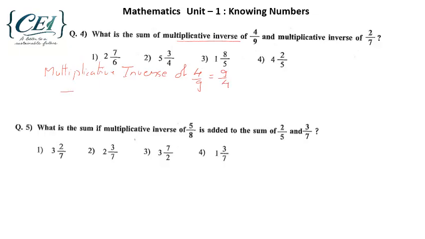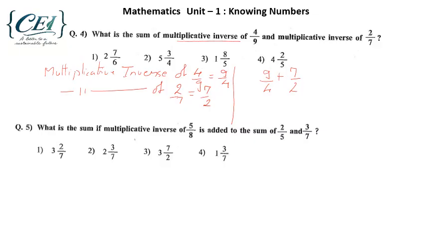Same thing, the multiplicative inverse of 2 upon 7 is 7 upon 2, correct? This is the first part. Now we have to find the sum of these two multiplicative inverses.